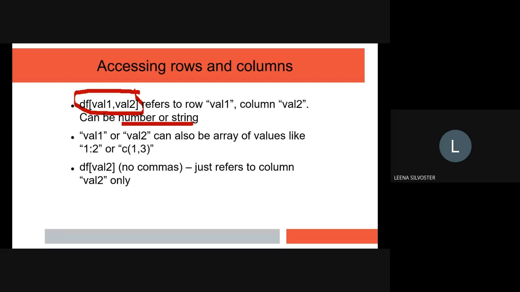Value 1 or value 2 can be an array of values like 1:2 or c(1,3). We can also specify the column names alone, that is df[value 2]. Remember that there is no need of a comma here. This command will refer to the column alone.